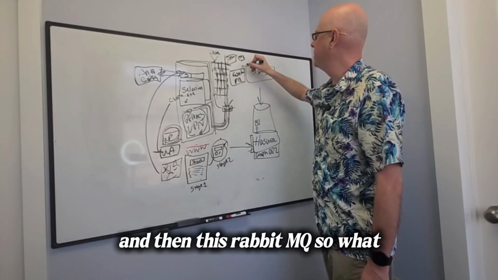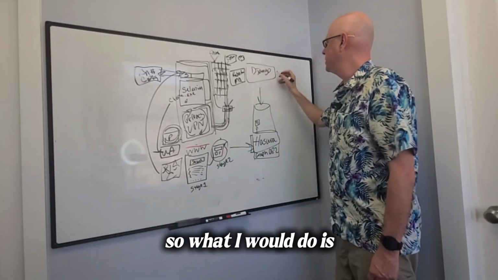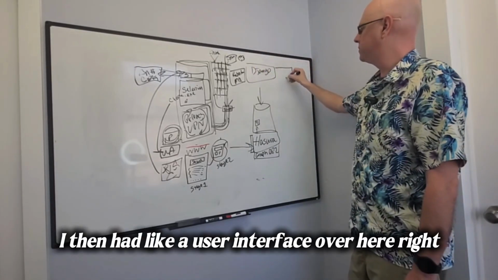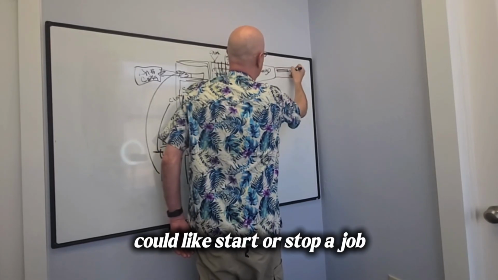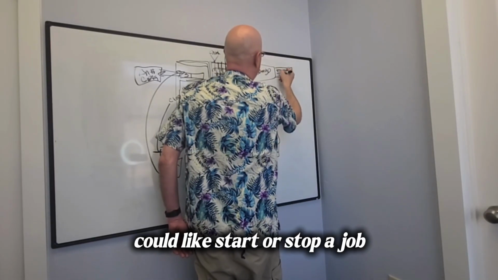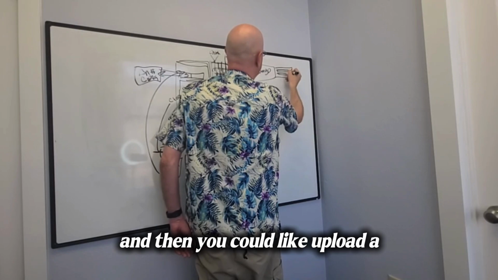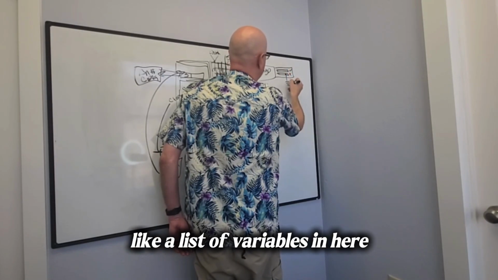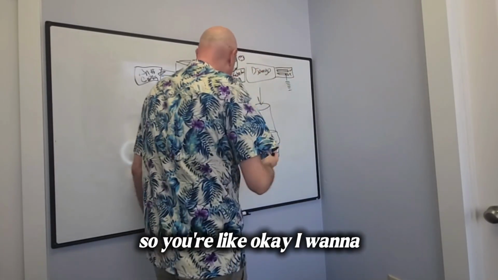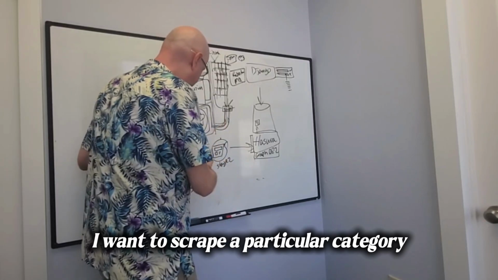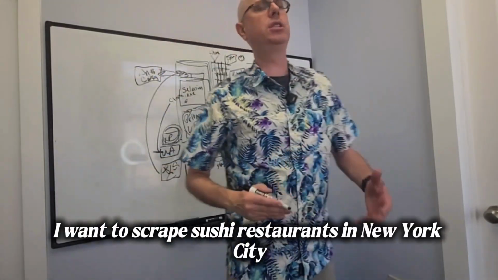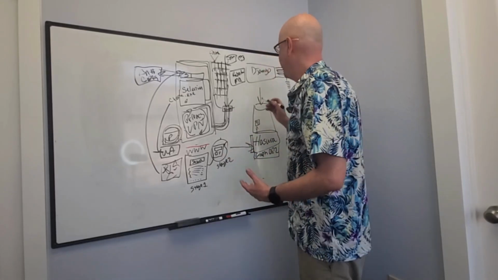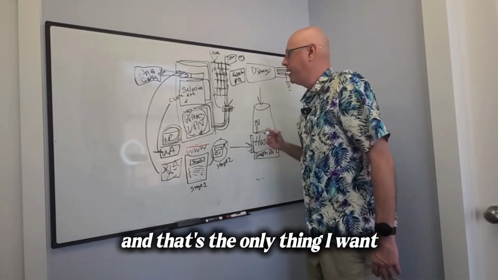And then with this RabbitMQ, I had a user interface over here, and the user could start or stop a job, and then upload a list of variables in here. So you're like, okay, I want to scrape a particular category. I want to scrape sushi restaurants in New York City, and that's the only thing I want.